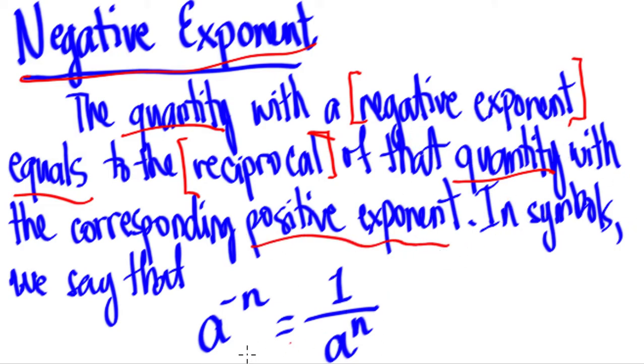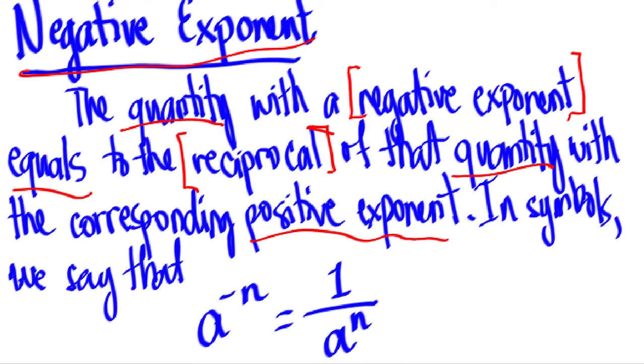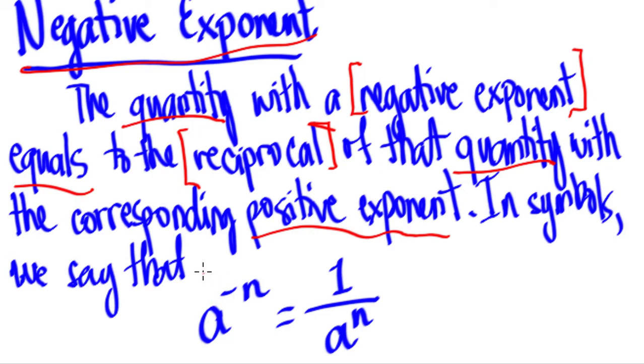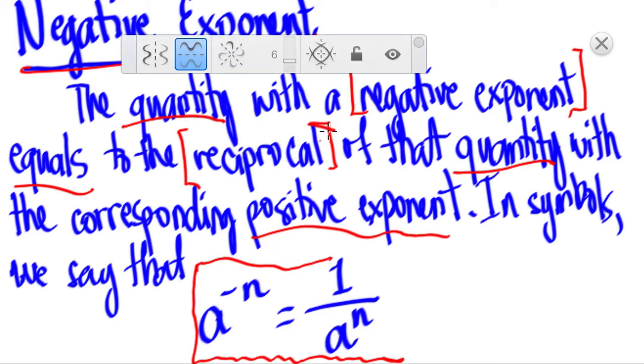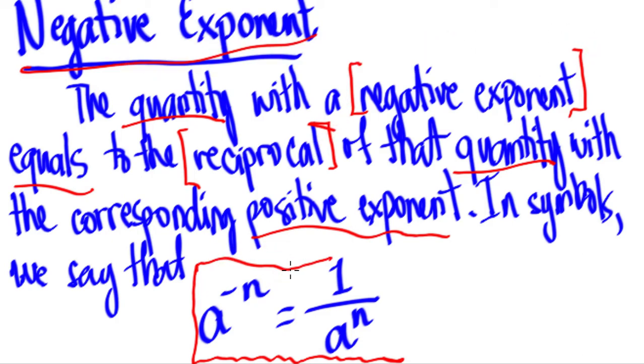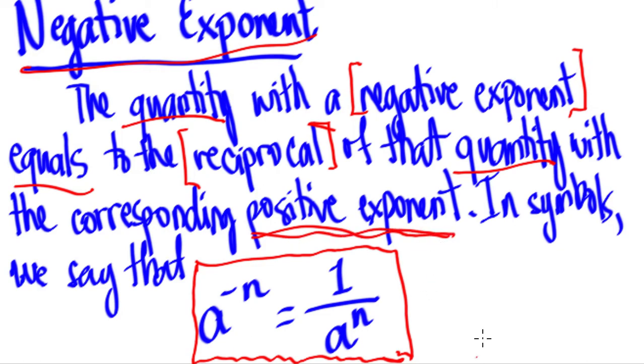In symbols, a raised to negative n is equal to the reciprocal of a raised to the positive n. The reciprocal of a is 1 over a, so put the n on the a, and this time it's positive, not negative anymore. So this is our general formula.